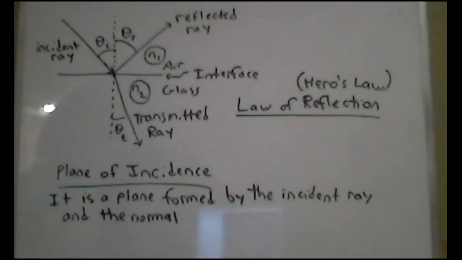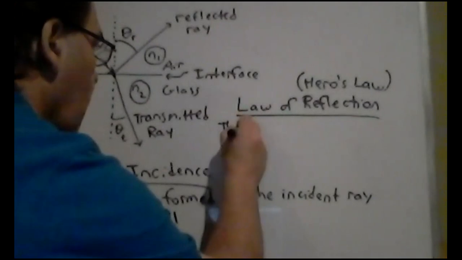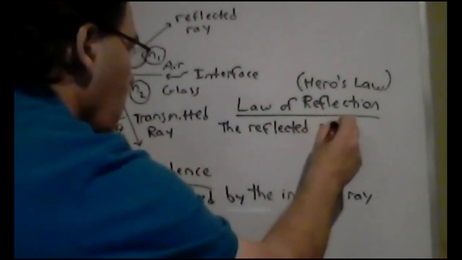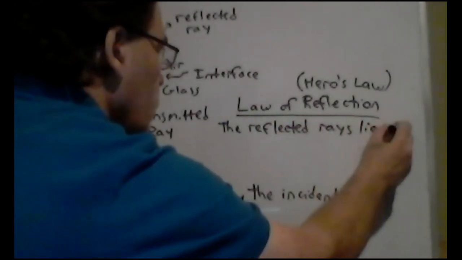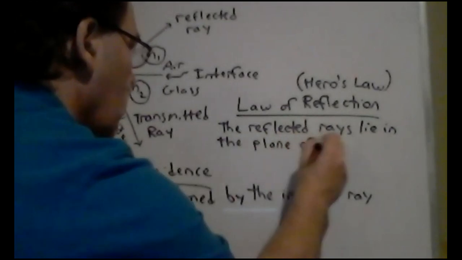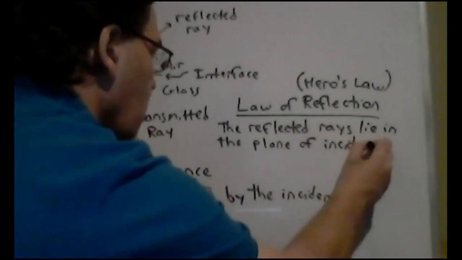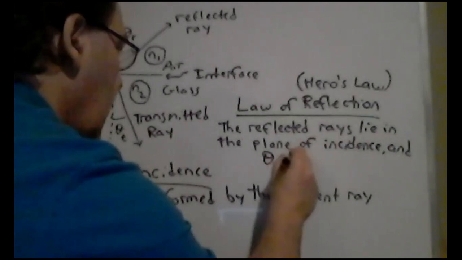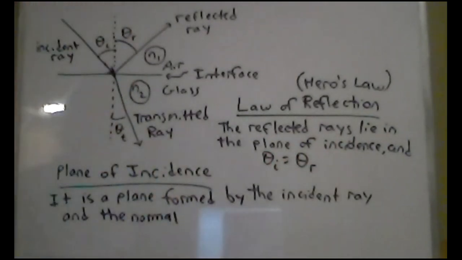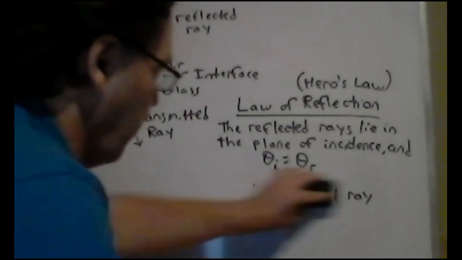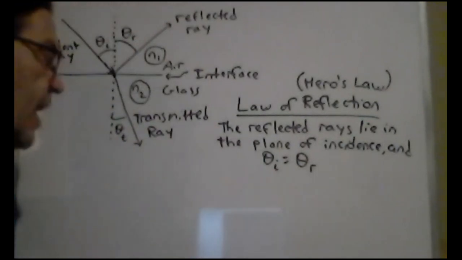The law of reflection says the reflected ray lies in the plane of incidence, and theta sub I equals theta sub R. So the reflected ray lies in the same plane of incidence as the incident ray, and the angle of incidence equals the angle of reflection.